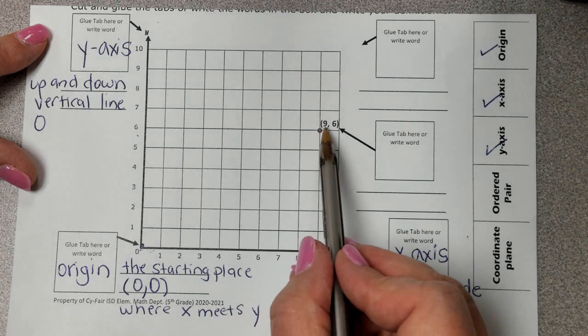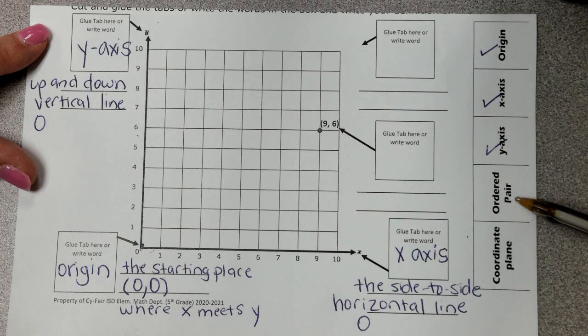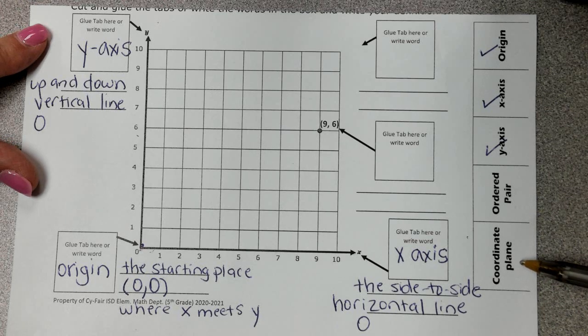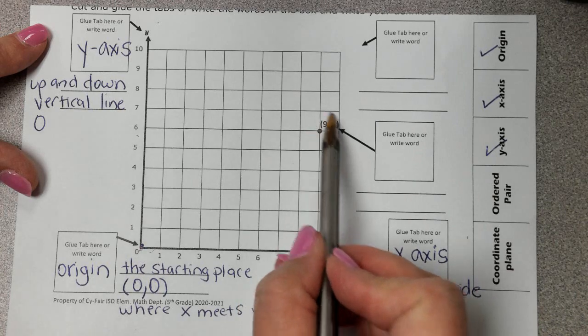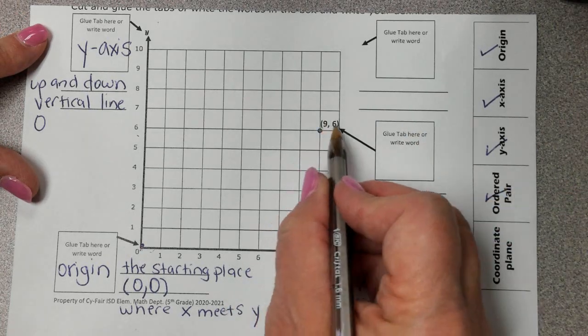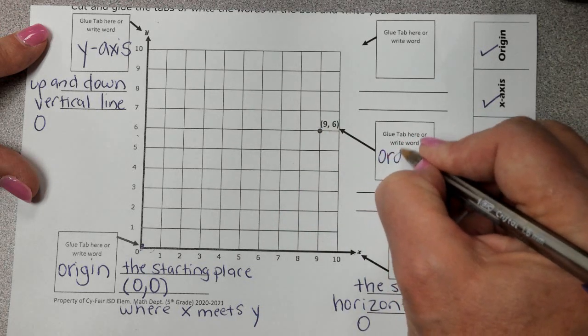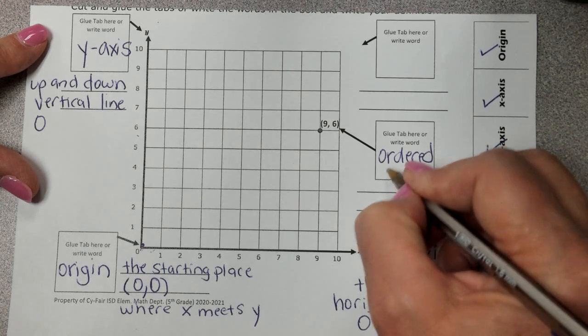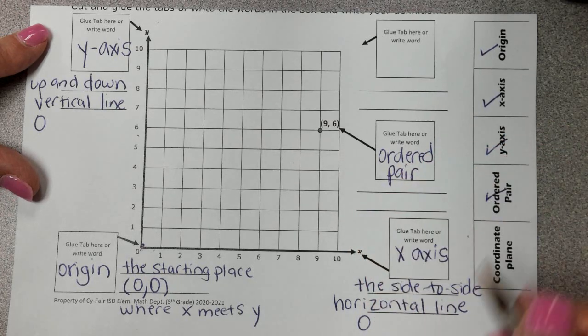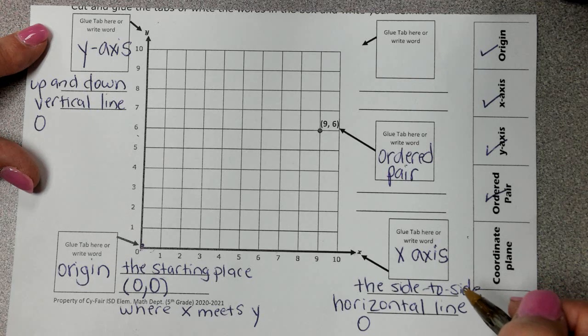Over here we have two numbers separated by a comma inside of parentheses. Are we going to call that an ordered pair or the coordinate plane? This little pair of numbers? Yeah. A pair is a set of two, right? And so we call this little set of numbers an ordered pair. Sometimes they'll call it a coordinate pair, or they'll just say coordinates.